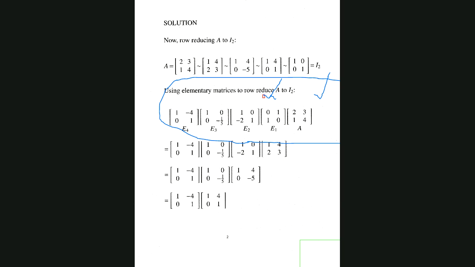I'm going to take the identity matrix and multiply the second row by negative 1/5, and that's how you get E3. Then we get the 1, 4, 0, 1.